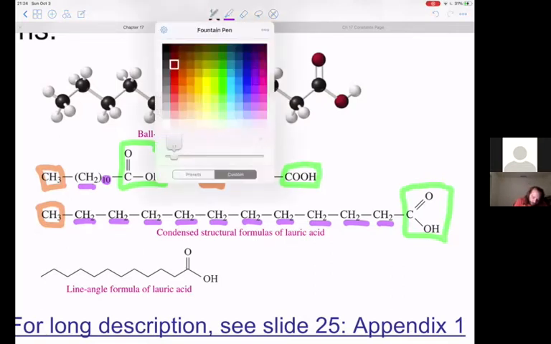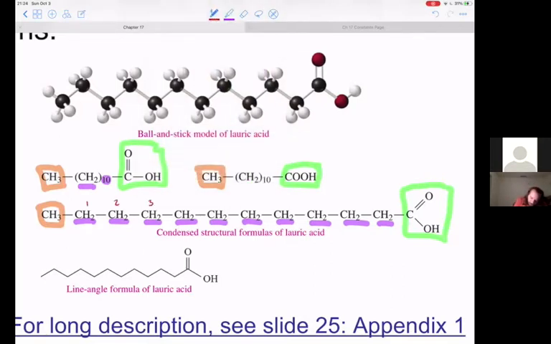So here it went 1, 2, 3, 4, 5, 6, 7, 8, 9, 10 different units of CH2. That's how they got to this CH2 in parentheses 10. Because we're talking about such huge chains, in order to save space, these condensed structural formulas are often what you're going to see.